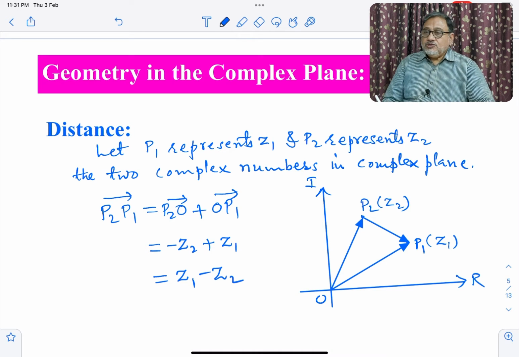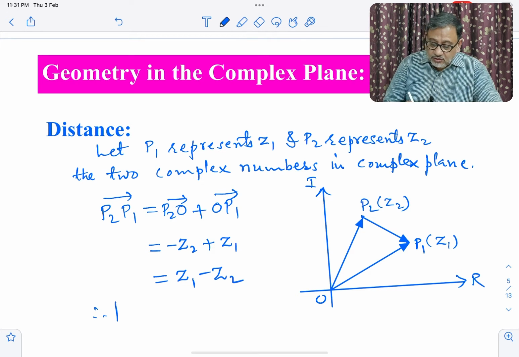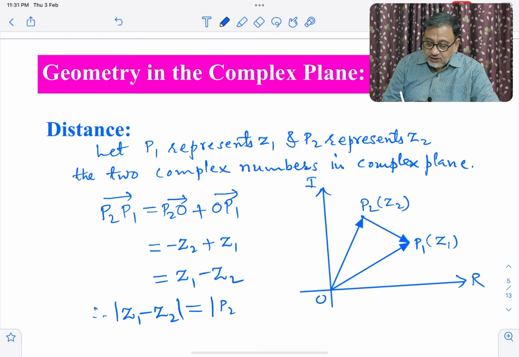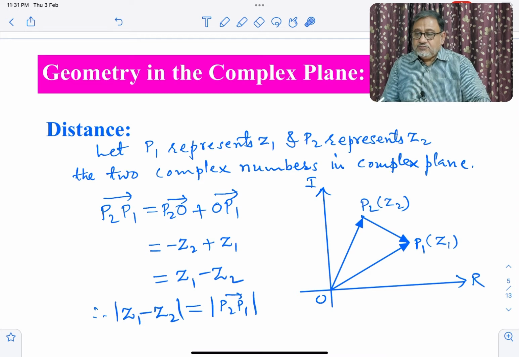So therefore modulus of Z1 minus Z2, which is the distance between Z1 and Z2, is given by the modulus of the vector P2P1. This vector is representing the distance between them. I hope you will remember it.